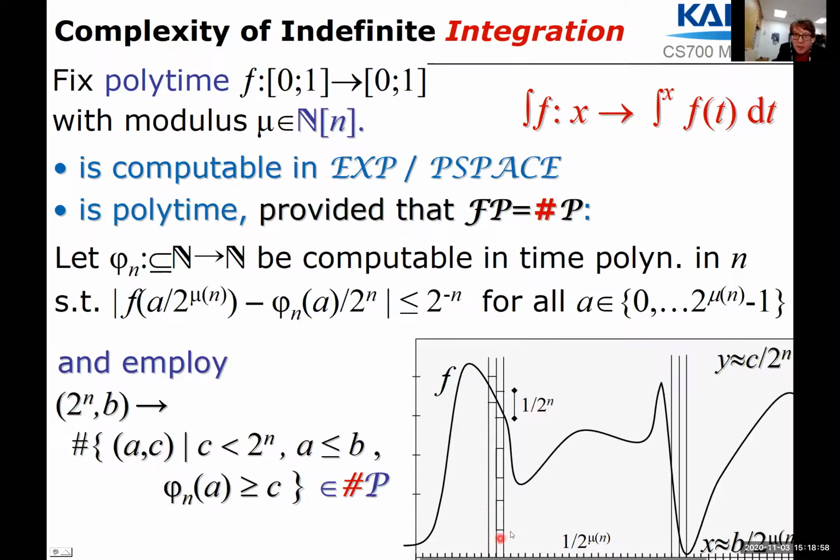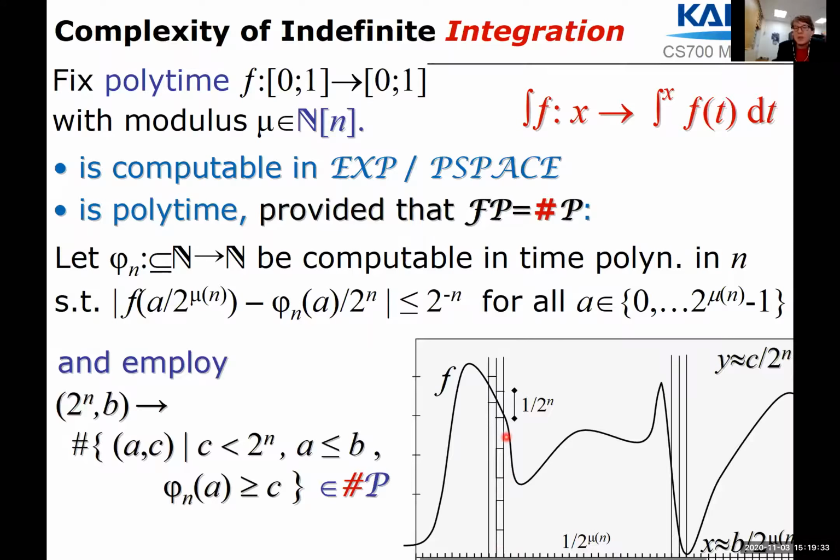In this example, there are 1, 2, 3, 4, 5 such values of c, namely 0, 1, 2, 3, 4. So there are 5 such values of c, and that reflects that there are 5 of these boxes that fit under the function value on this subinterval.